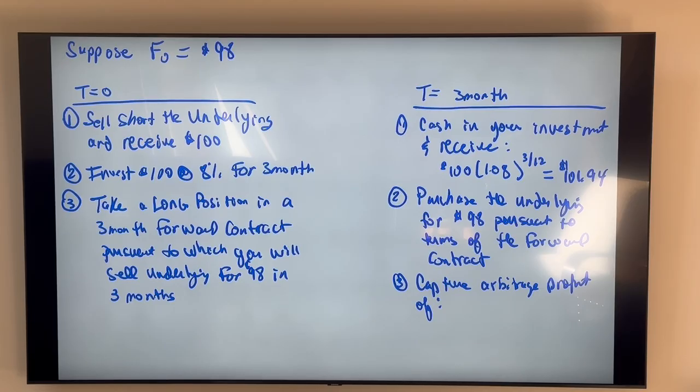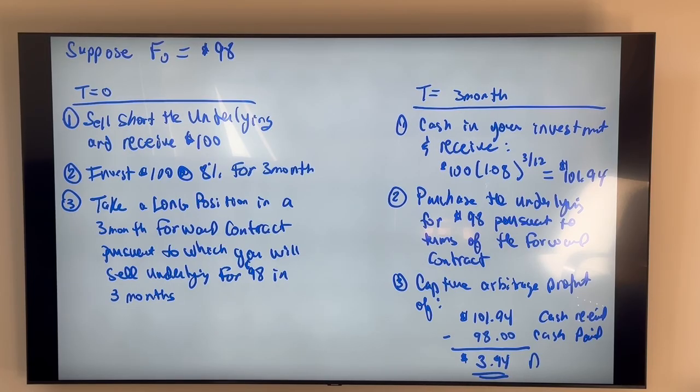So you receive 101.94 received, minus 98 cash paid, and that's going to give you a profit of $3.94, and that is going to be your profit.